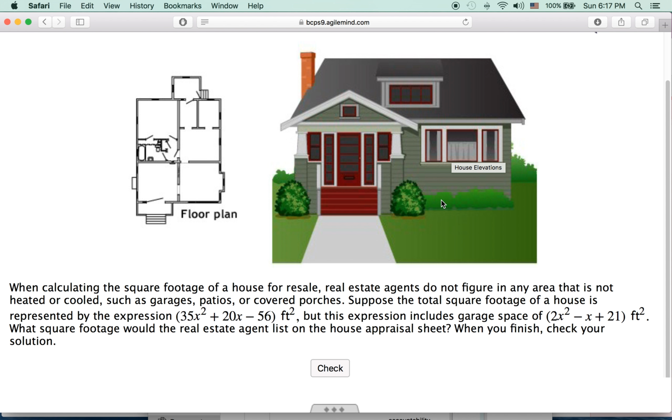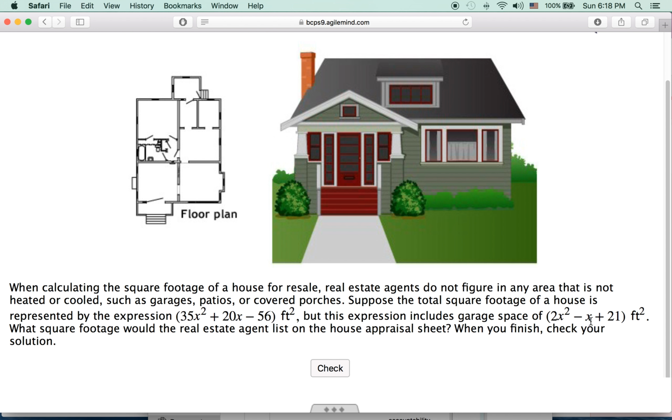So on your activity sheet, there's going to be a part where you're going to add expressions that have a variable in it. You have two parts of a house that are considered. The house has a floor area of 35x squared plus 20x minus 56 square feet.